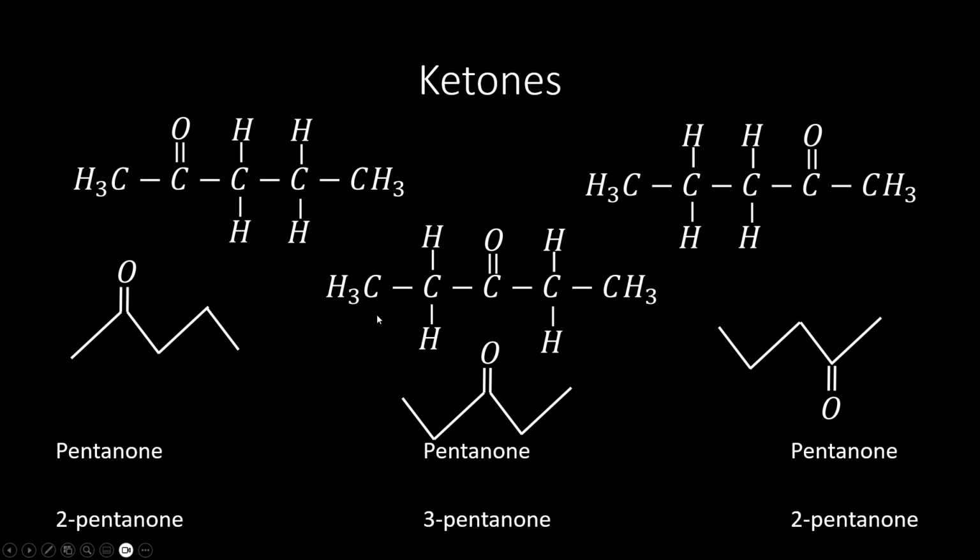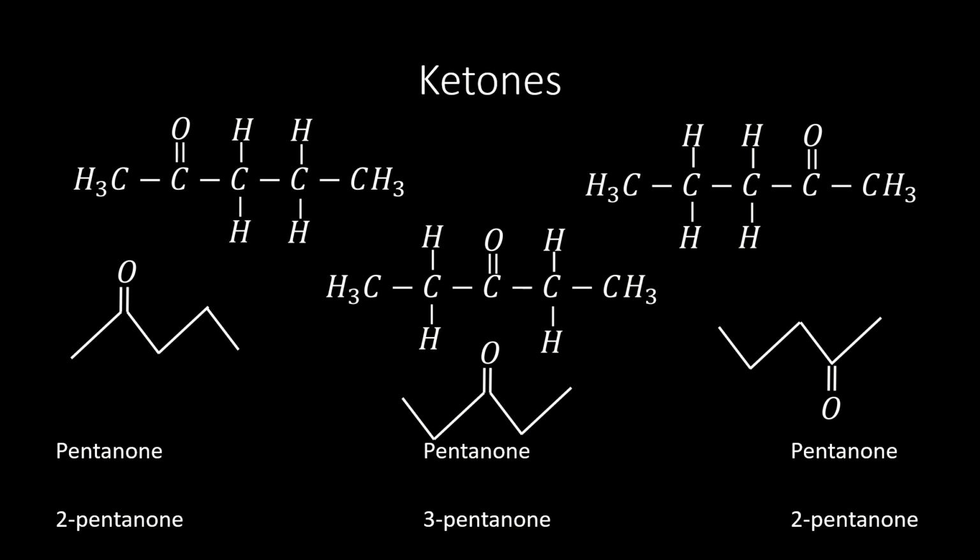In the case of our middle molecule, 1, 2, 3, carbon 3 has the ketone group, we would call that 3-pentanone. And then on the molecule on our right, let's count the carbons. 1, 2, 3, 4, 5. If we count from left to right, carbon 4 has the ketone. Or if we count from right to left, 1, 2, 3, 4, 5, carbon 2 has the ketone group.